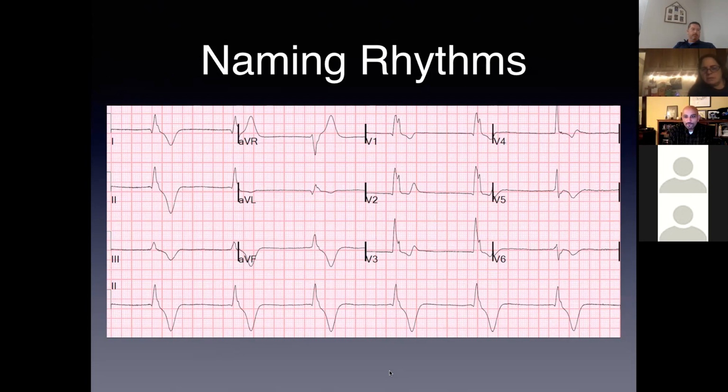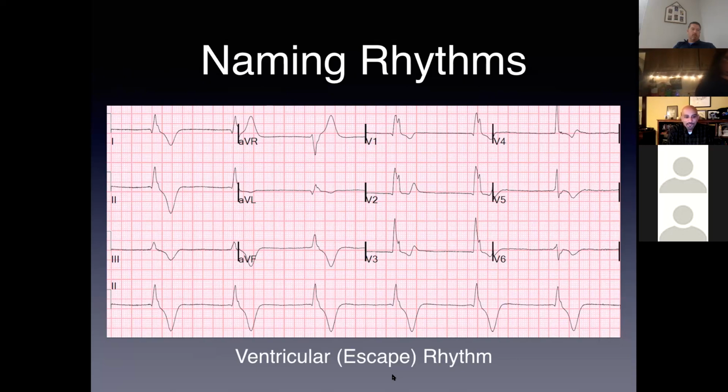So this is when the SA node and the AV node aren't doing anything, and the ventricle just starts picking up its normal rate, less than 40. And so this is just called a ventricular rhythm. Sometimes we call it idioventricular rhythm. It gets that little nickname too. Sometimes it gets called an escape rhythm. And the reason we call it an escape rhythm is because nothing else is going on. So this is the last thing left.